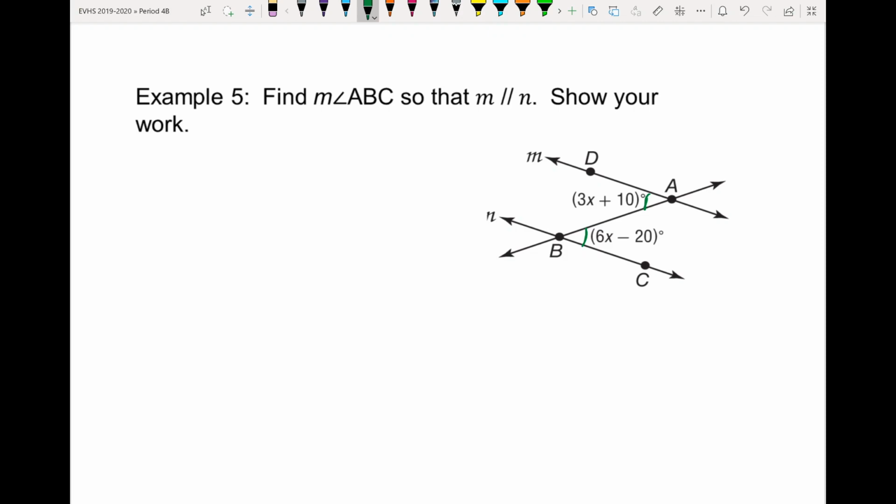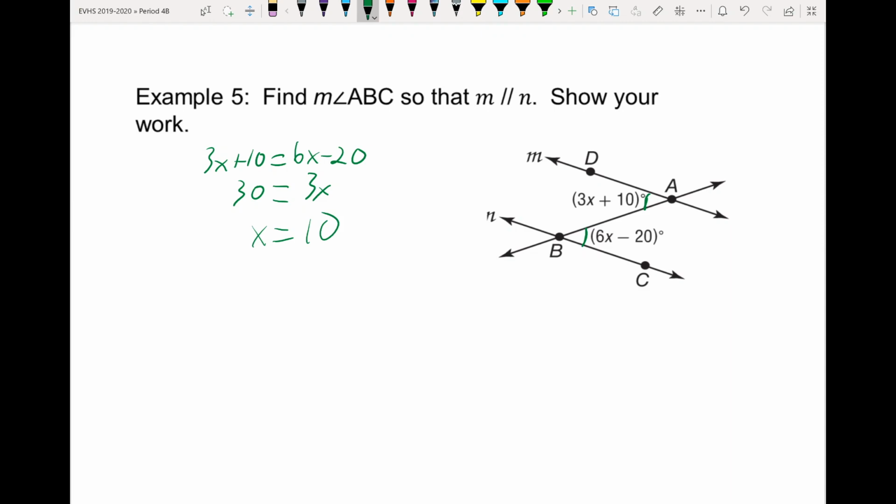So we have to find x and force them to be equal. So 3x plus 10 is equal to 6x minus 20. Subtract 3x from both sides gives me 3x on the right. Add 20 to both sides gives me 30 on the left, which means x equals 10.